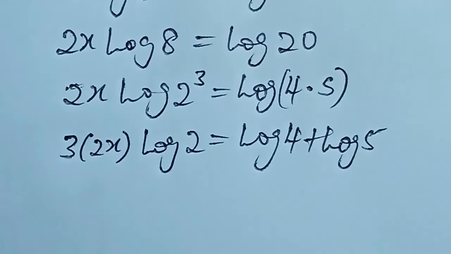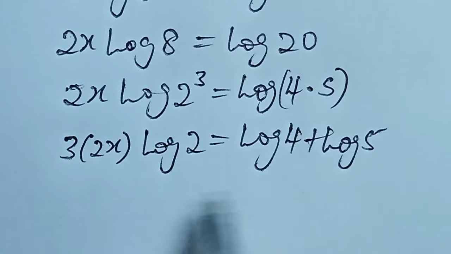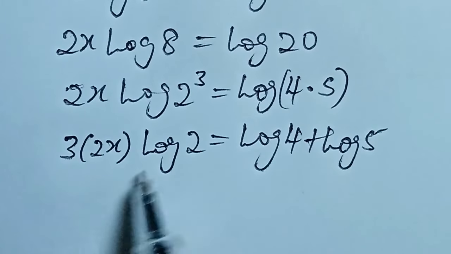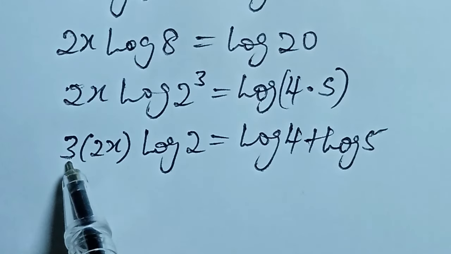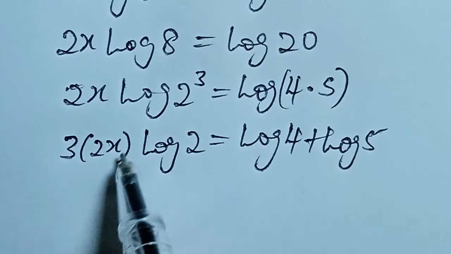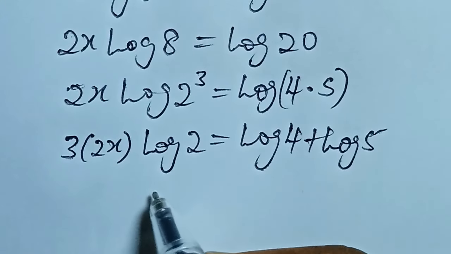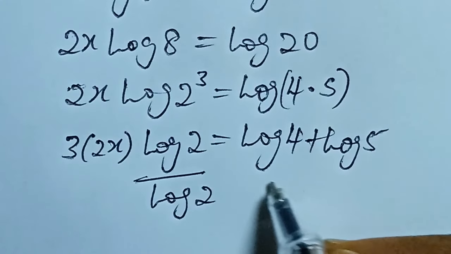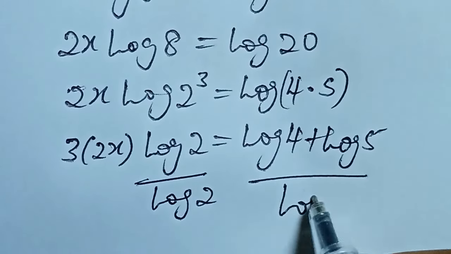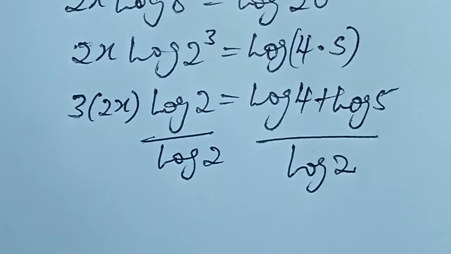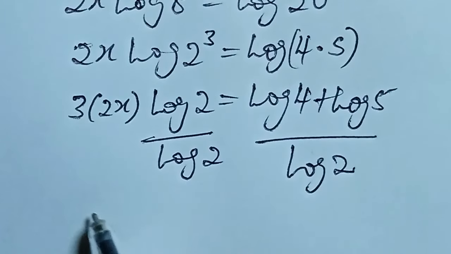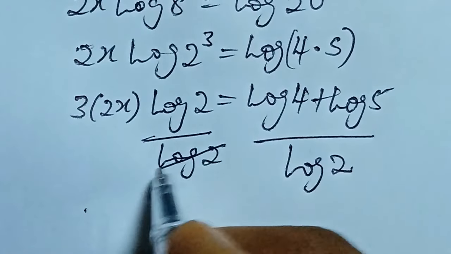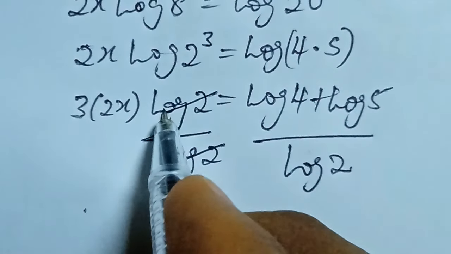From here we can divide both sides by log 2 to isolate 3 into bracket 2x. So we now have divide by log 2, then divide by log 2. So here we have this cancel out with this.